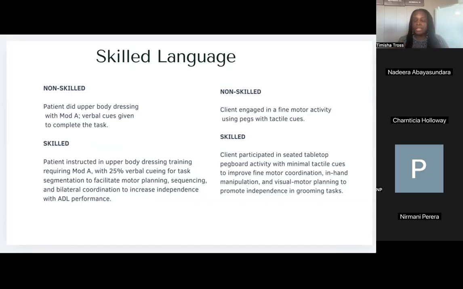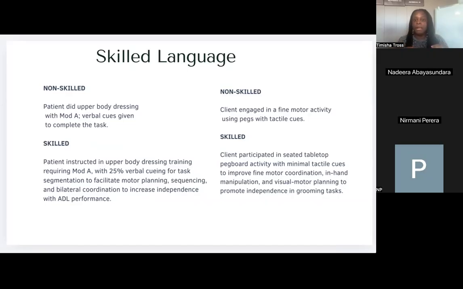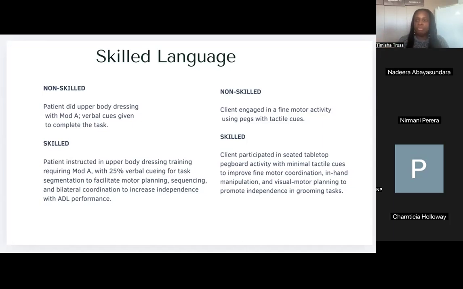So when you're writing like this, it's really giving a lot of information and attention to detail in what is happening. Okay. Whereas if I was to come and just look at the non-skilled note, I'm like, okay, I can see that there is mod assist, but how much verbal cues and what specifically are they focusing on?